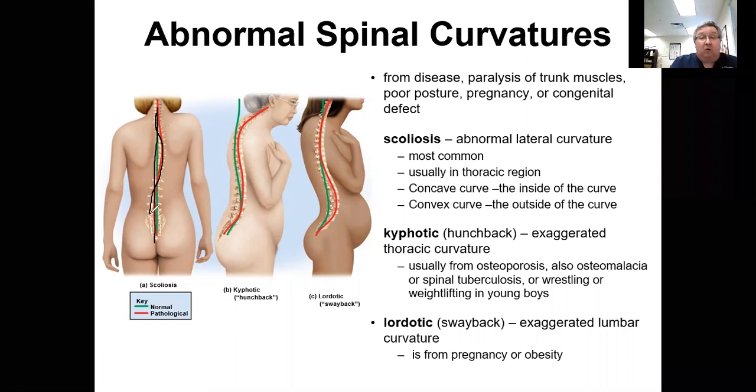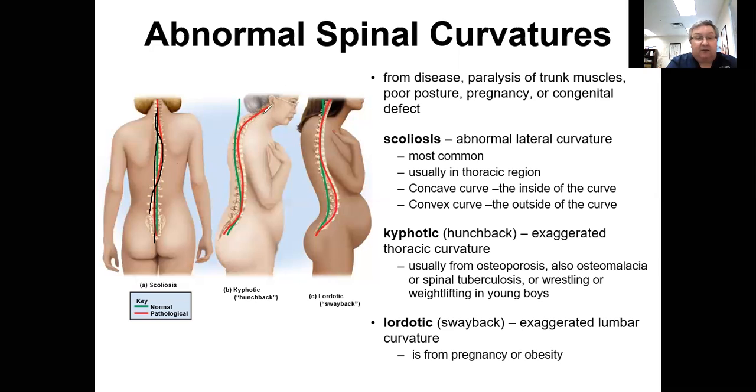All right. So I won't ask you about concave and convex. That'll be for kinesiology. But I might ask, an abnormal lateral curvature is known as what? So an abnormal lateral curvature is known as a scoliosis. A kyphotic or kyphosis or hunchback is basically an exaggerated thoracic curve.